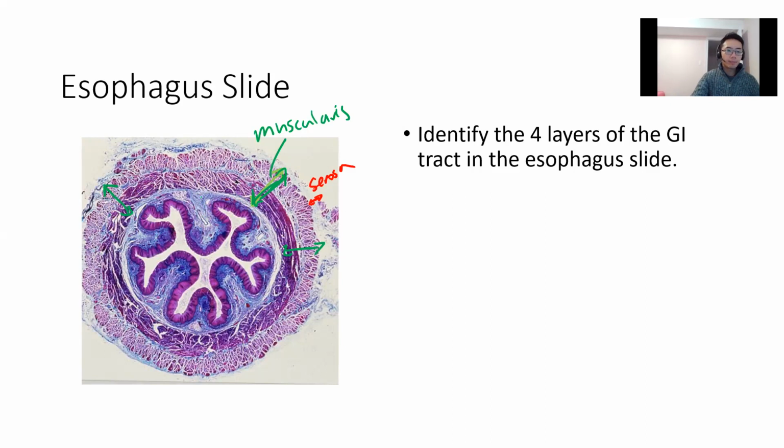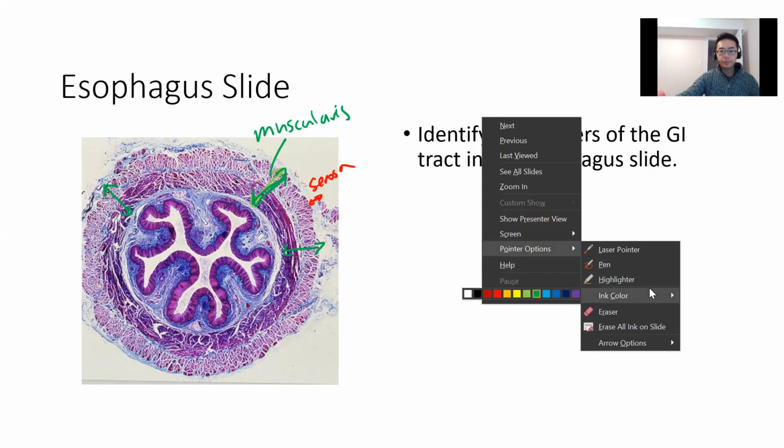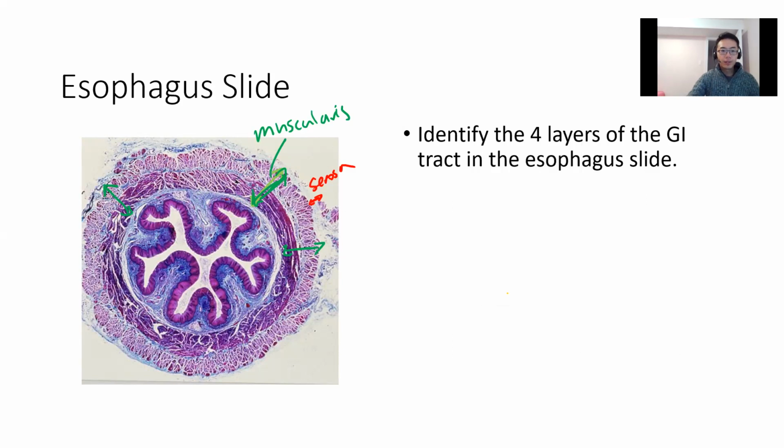And then this part, let me switch color again. This part here, this kind of purplish blue, I don't know what color to call that. That is the submucosa. That's where you'll find, again, the blood vessels, nerve endings.